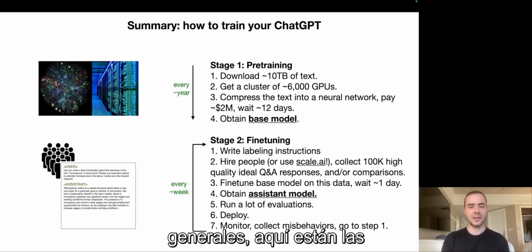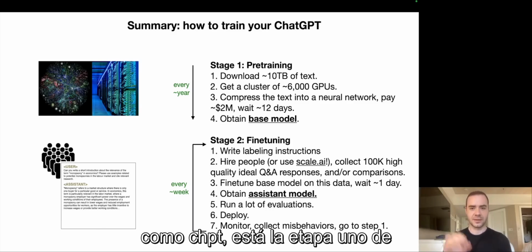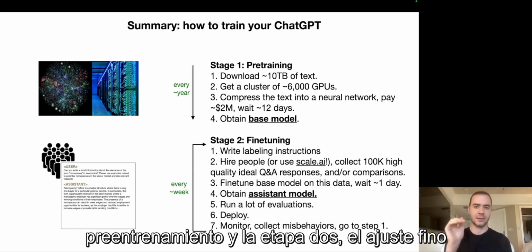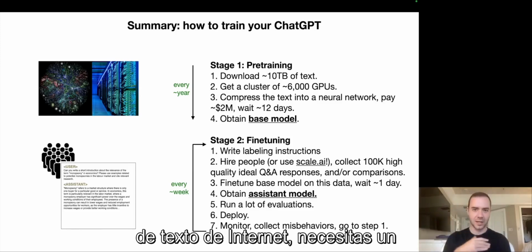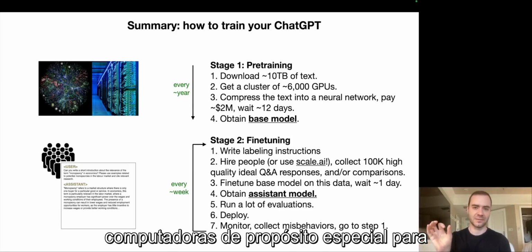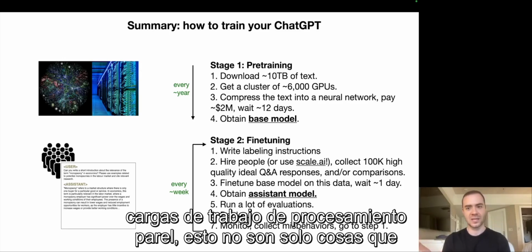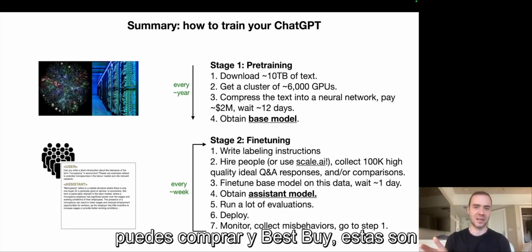So roughly speaking, here are the two major parts of obtaining something like ChatGPT. There's stage 1 pre-training and stage 2 fine-tuning. In the pre-training stage, you get a ton of text from the internet. You need a cluster of GPUs. So these are special purpose computers for these kinds of parallel processing workloads. This is not just things that you can buy in Best Buy.